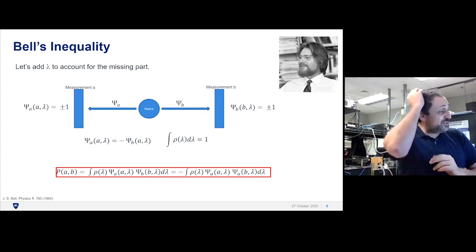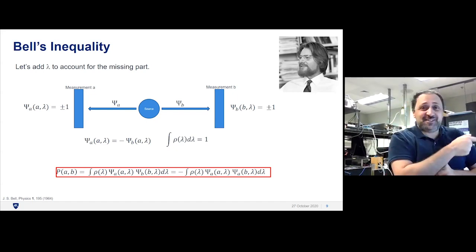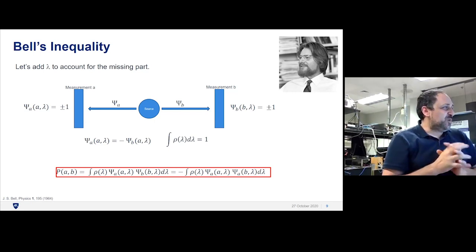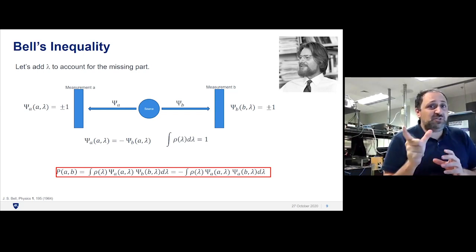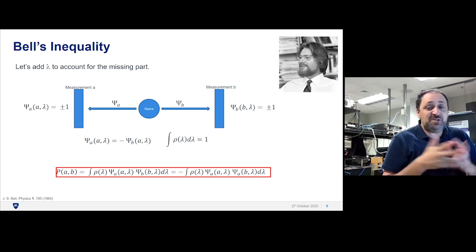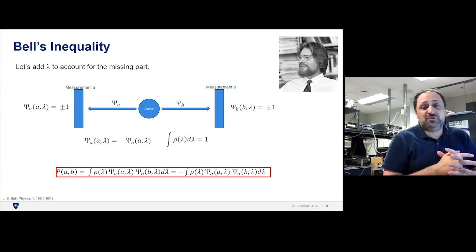Sorry, before I dive into this, there's a question. How much space between the two particles? Well, in this thought experiment, it could be a few centimeters between your two measurements. It could be the ends of the earth. It could be across the solar system. It's not specified.